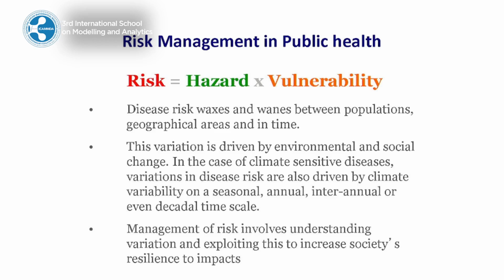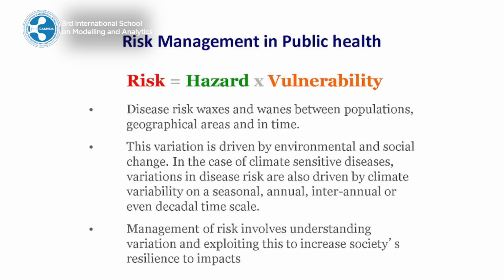Disease risk waxes and wanes between populations, geographical areas, and in time. This variation is driven by environmental and social change. In the case of climate-sensitive diseases, variation in disease risk is also driven by climate variability on a seasonal, annual, interannual, or even decadal, that's 10 years, time scale.